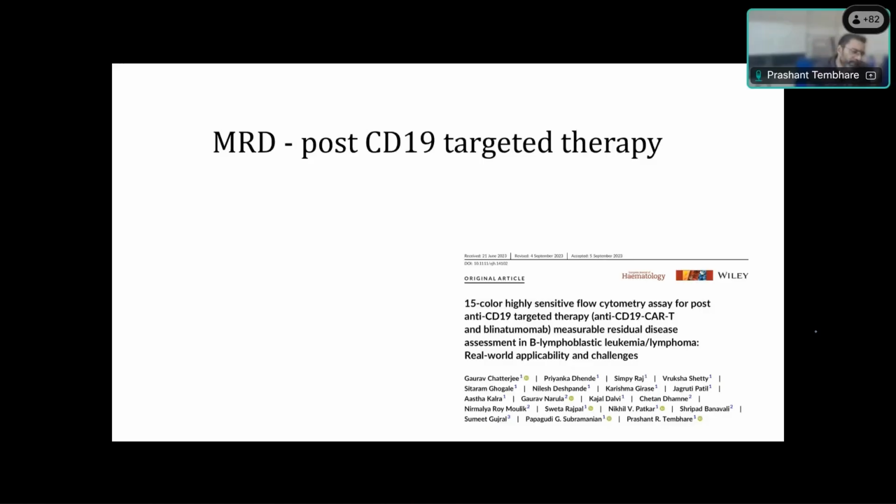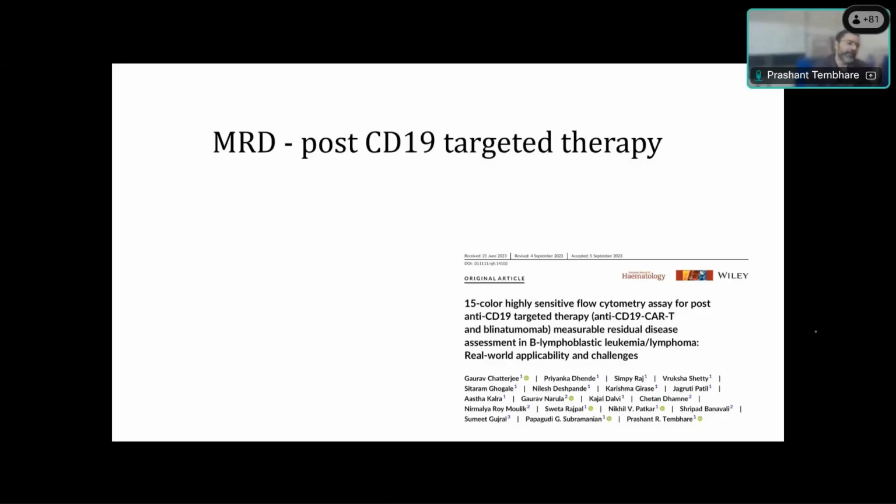Limit of detection means the number of cells which you can identify as tumor cells in the background of other normal cells. If you use a good technique, 10 color flow cytometry, properly standardized, then we can identify at least 20 events comfortably in the background of other cells. So that is limit of detection.